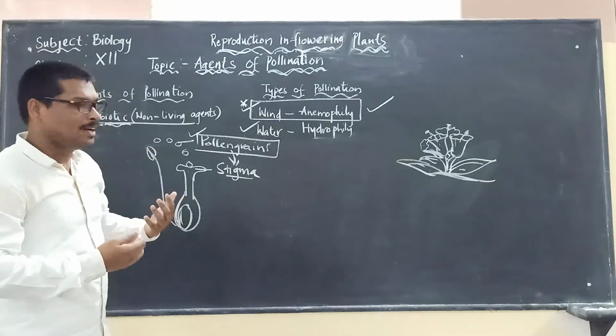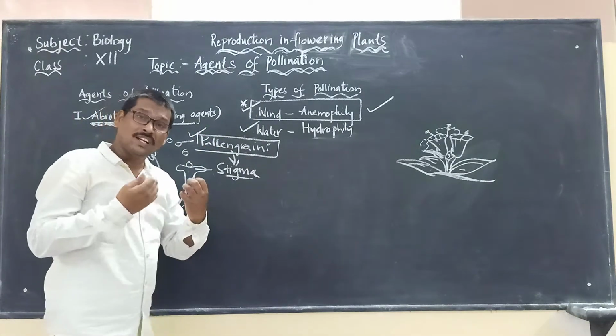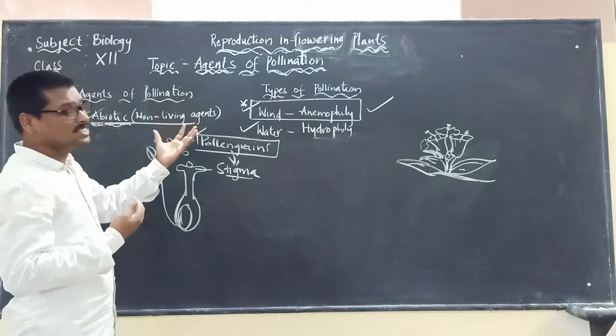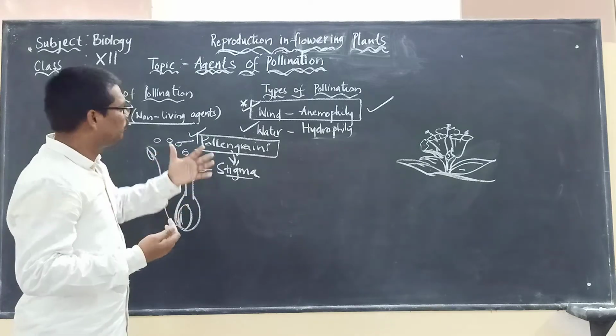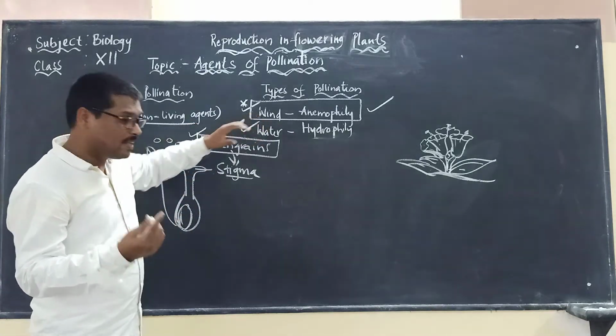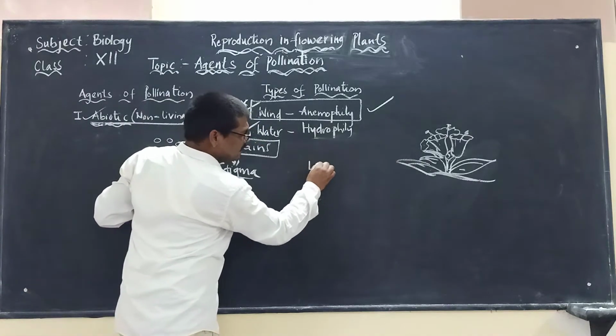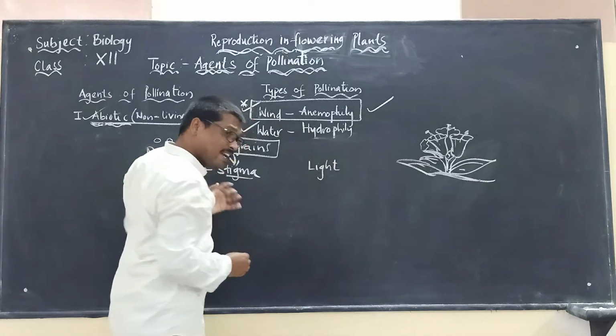So if they are going for wind pollination, what characteristics should these plants possess? Generally, plants going for wind pollination will have very light pollen grains, light in weight.